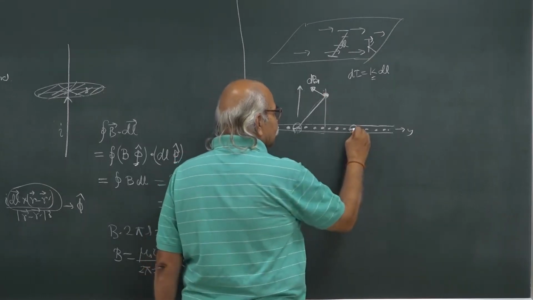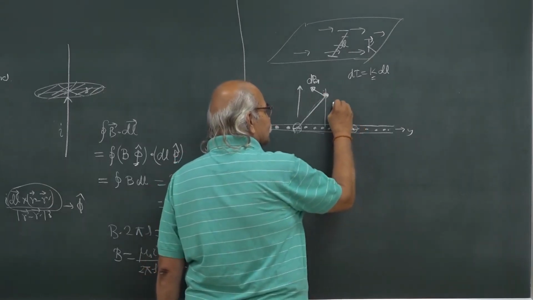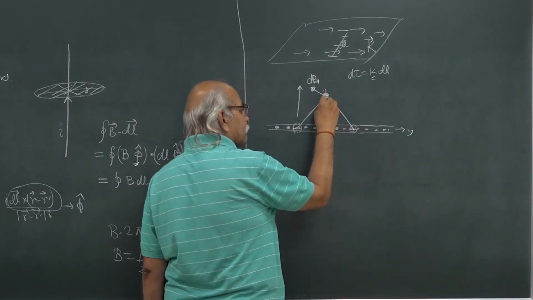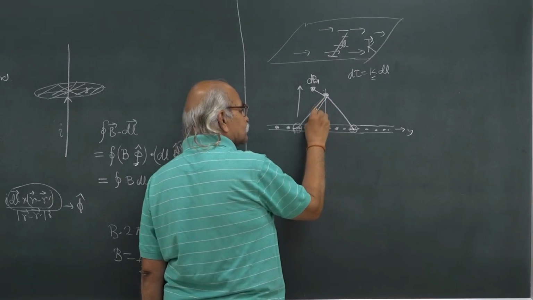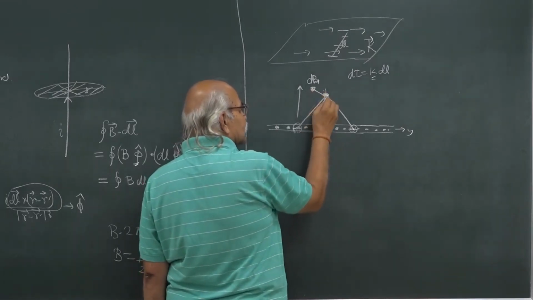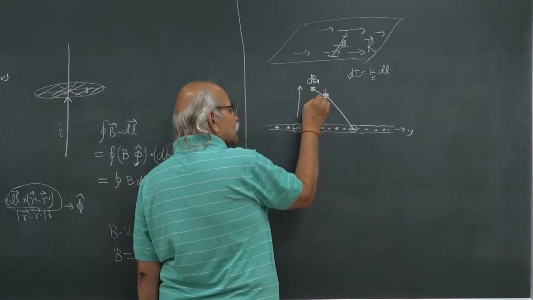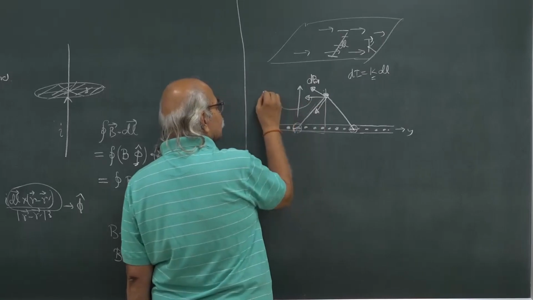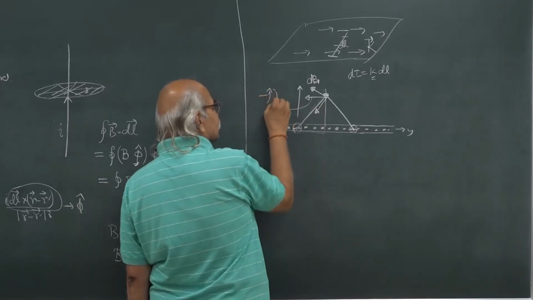So, you join it this way and then drop a perpendicular. These two have equal magnitude, and the resultant of these two will be in this direction. This is the direction of B, it is in the minus j cap direction.